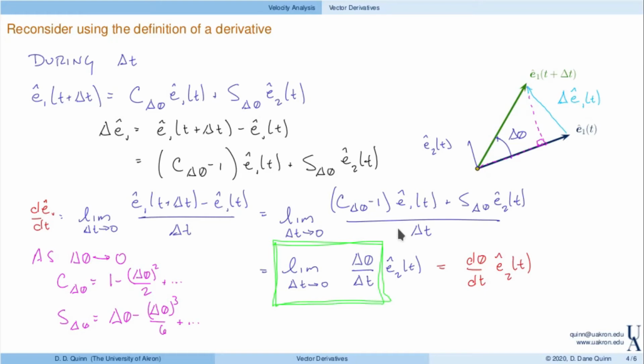Everything is just kept in the E1 and E2 directions here, right? So in a sense, it's more natural. I don't have to rely on some other frame of reference to do calculations. But we get the same thing either way.